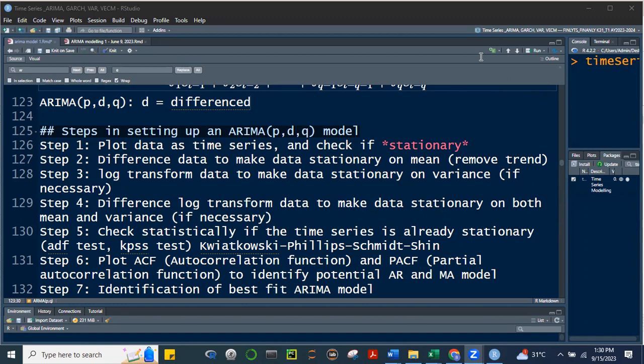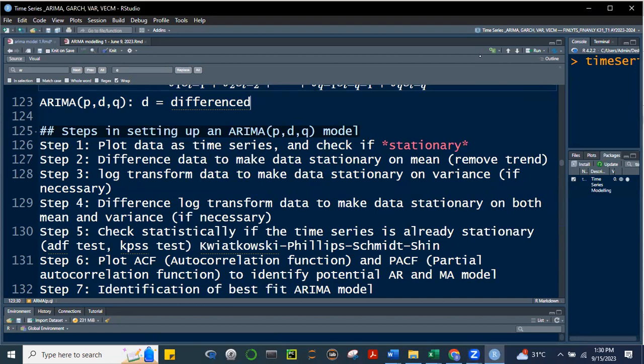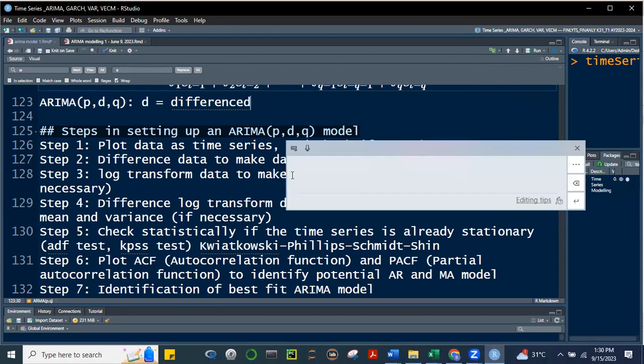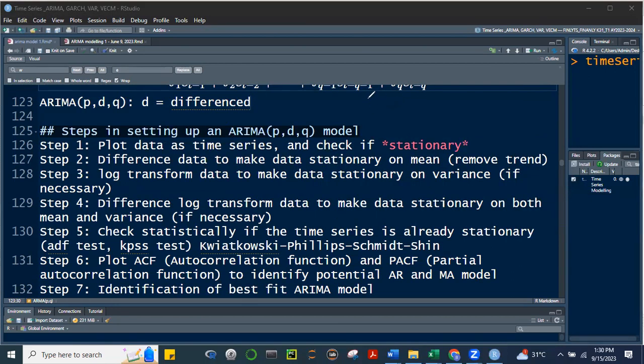It has to be stationary because of the characteristics of your phi1, phi2, theta 1, theta 2, of your coefficients. So if they're not stationary, you have to transform your data. Why do we need to transform the data? Because if you do not, then you cannot make use of ARIMA. ARIMA will work only if your data is stationary.